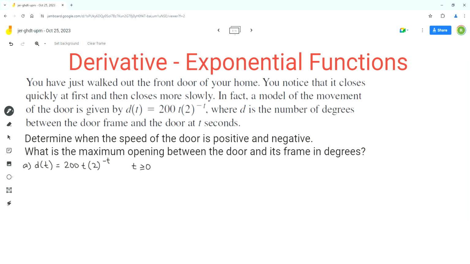Now, in order to find the speed of the door, we have to find the derivative of this function d(t), because the derivative will represent how fast the degrees are changing with respect to time.